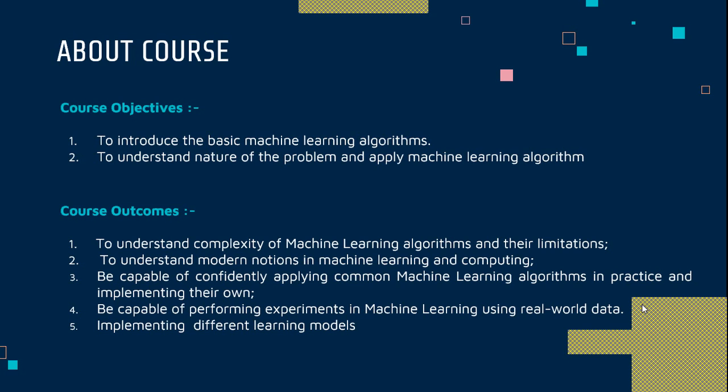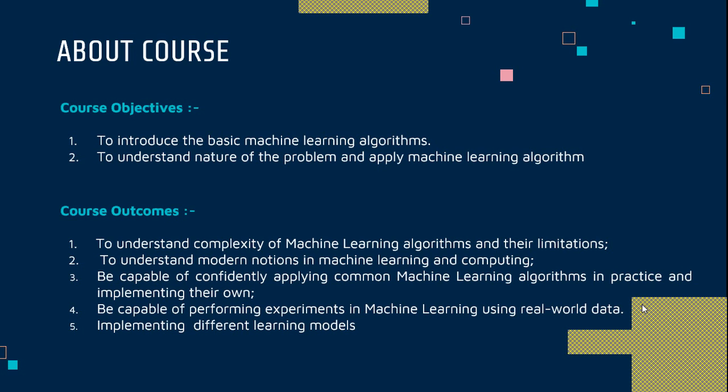But in the next February, we will start the practical also. So the second objective is to implement or apply machine learning algorithms. I am giving you various data sets, and you have to write the code and perform the machine learning algorithm. Now, what are the core objectives of this course?